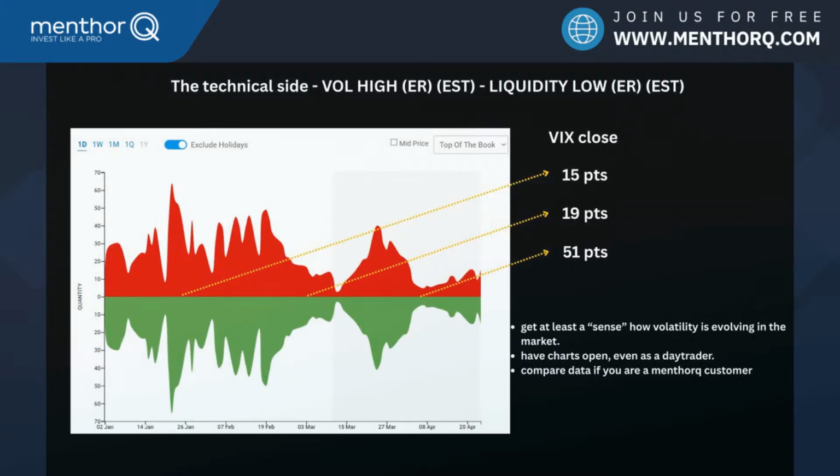This chart over here, the red and green hills and valleys, is the so-called book depth index for, I think, the ES future. Technically, it shows you liquidity and how liquid the market is.